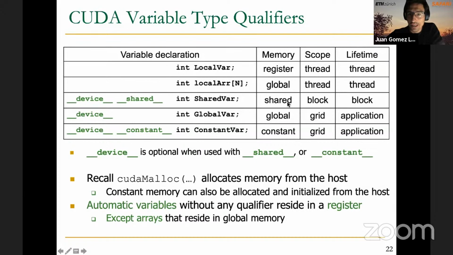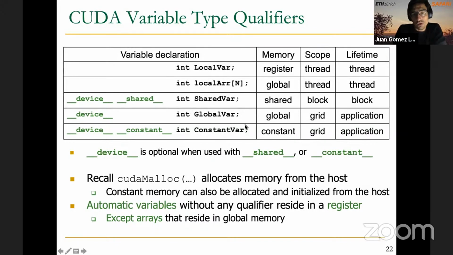Whatever we allocate with this shared qualifier will be accessible and common to all threads in one block. So I may have 128 threads in each block, but when I declare one array using this shared qualifier, all threads of the block will be able to access this array in shared memory.